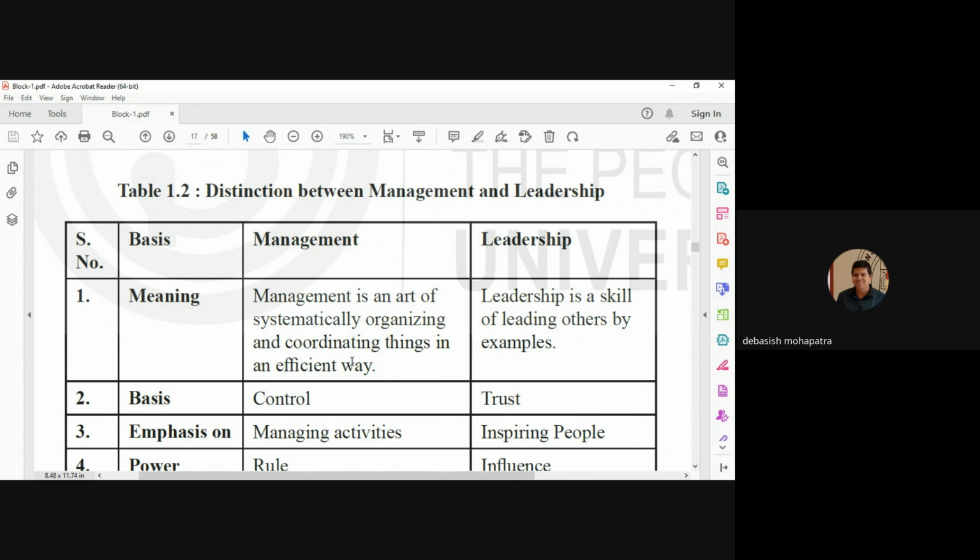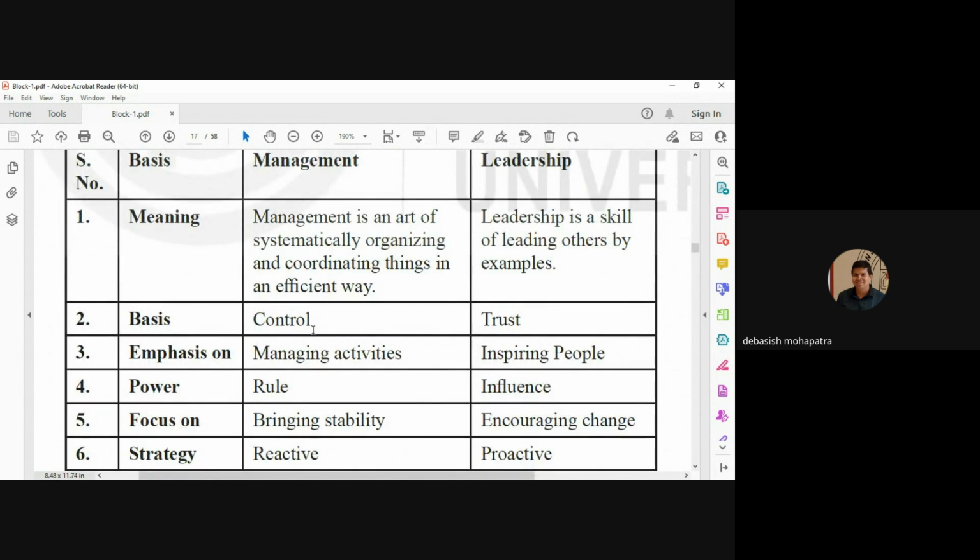But managers, they control us. Then emphasis. Management emphasizes managing activities and leadership emphasizes inspiring people. Management's power is rule, but leadership's power is influence.